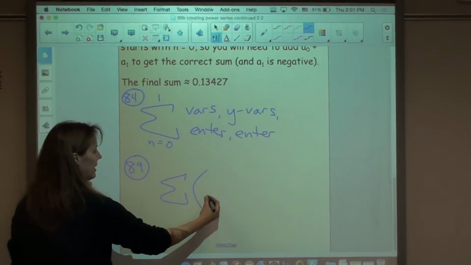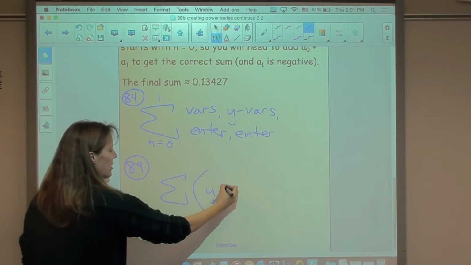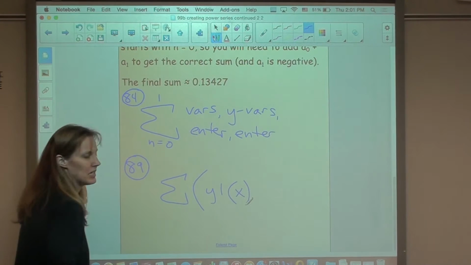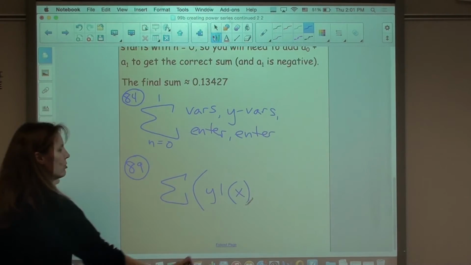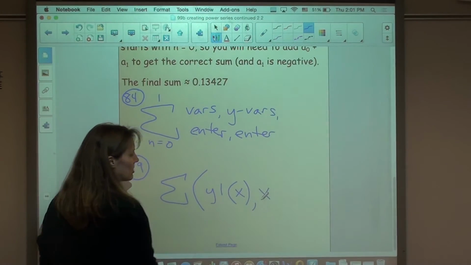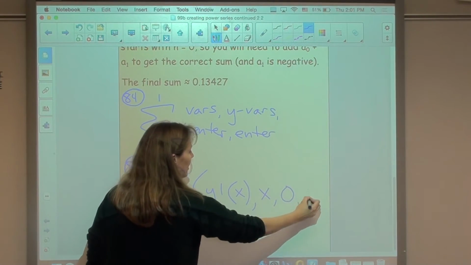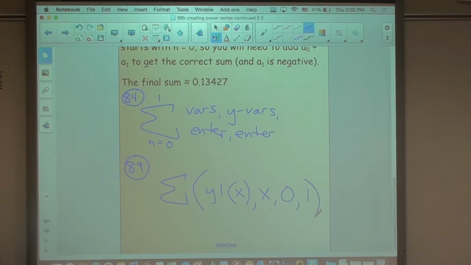You literally hit the letter Y, it's one of the buttons on your calculator, the number 1, and then you have to put of X. It's almost like function notation, Y1 of X. Then you do comma X, you always have to tell what your input variable is, comma lower bound, comma upper bound. And of course, on the 89, you have to close the parenthesis.